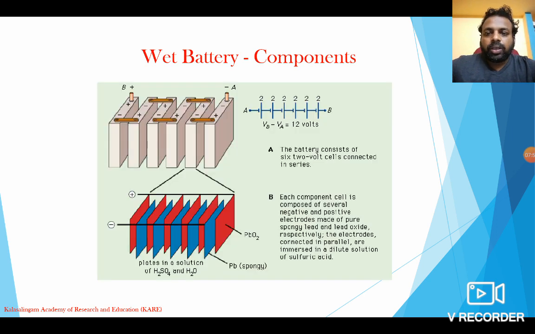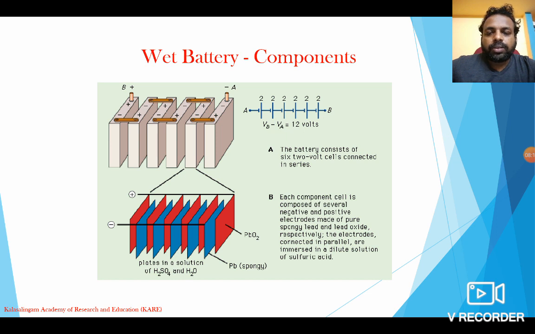Here you can clearly understand that you have a number of cells in the battery. In this image you have 1, 2, 3, totally 6 cells. Just try to imagine that each cell creates 2 volts of power.